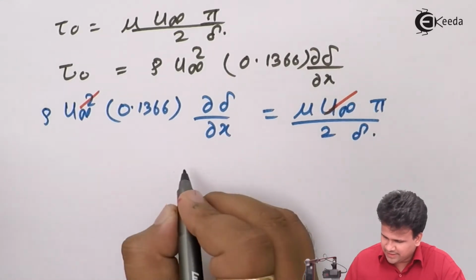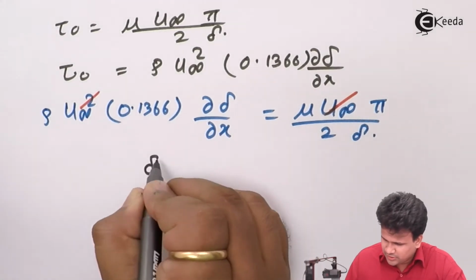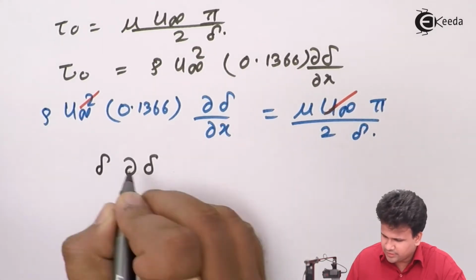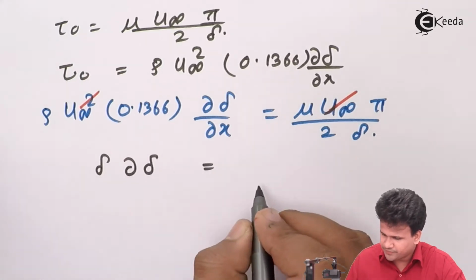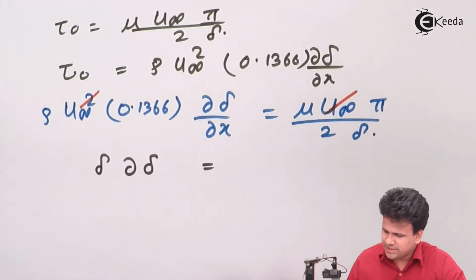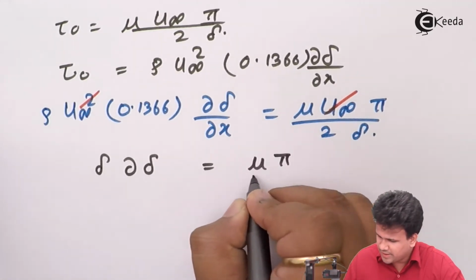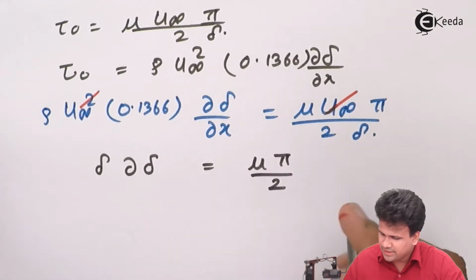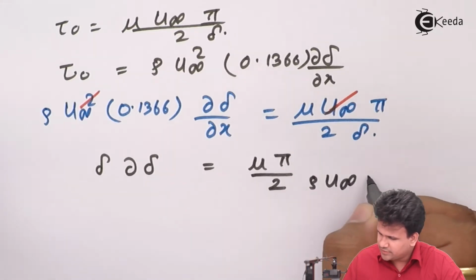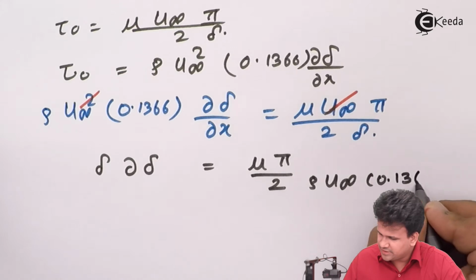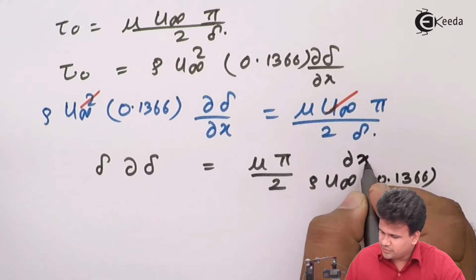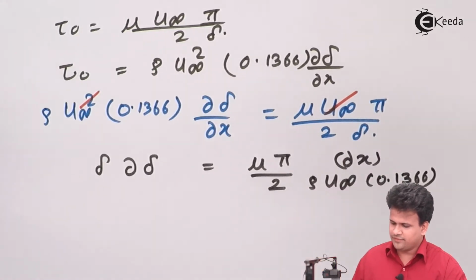So we'll write delta into dou delta is equal to, taking all the terms on one side, mu into pi by 2, delta having gone to the other side, upon rho into u infinity into 0.1366, into dou x. So this equation we have got.